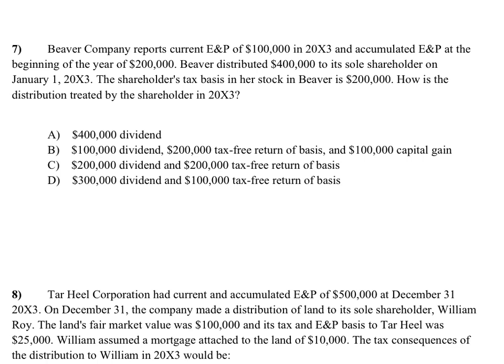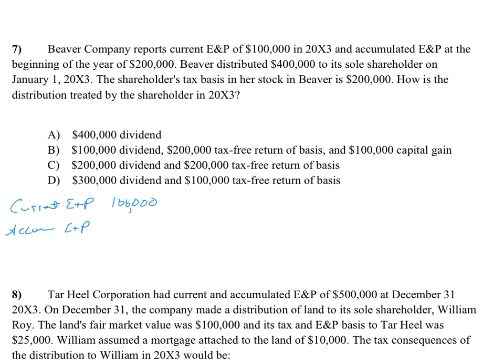All right, so what do we know? Well, again, let's look at our earnings and profits situation. So let's look at current E&P and accumulated E&P. So our current E&P was 100,000.